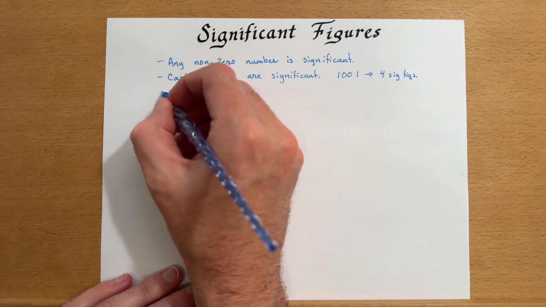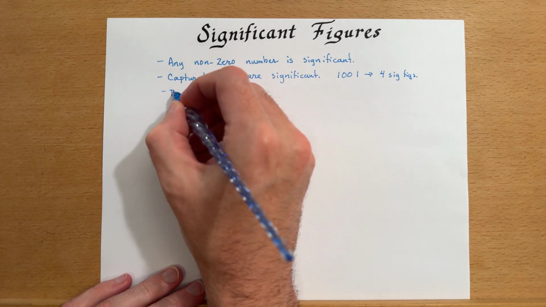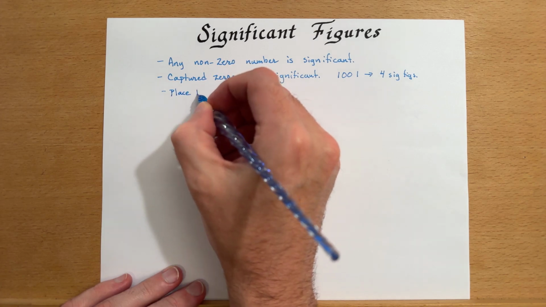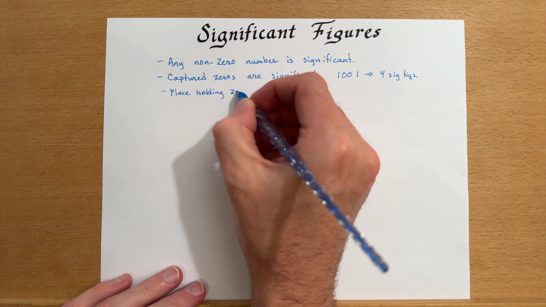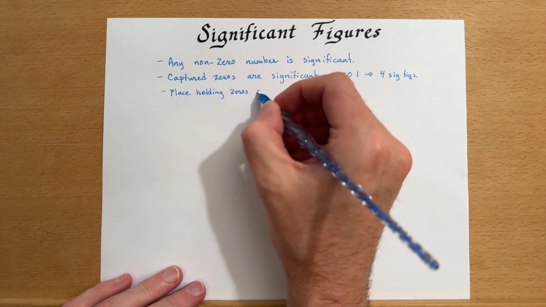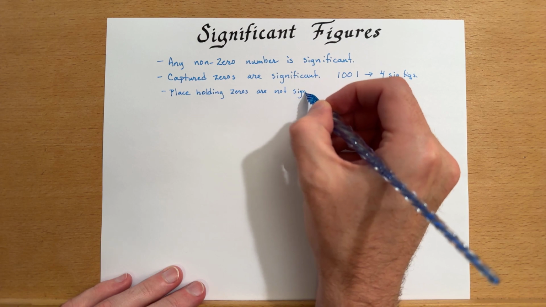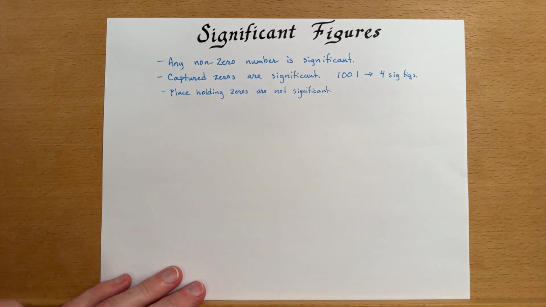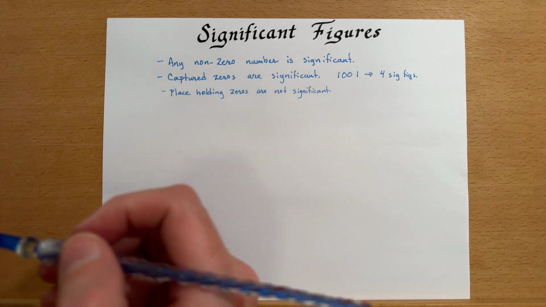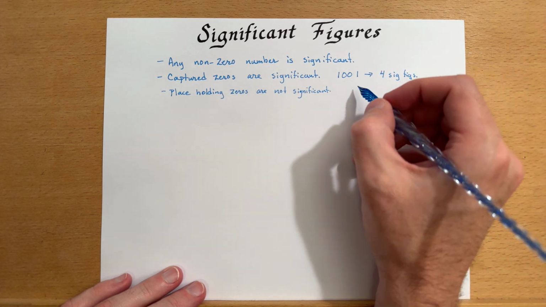Placeholding zeros are not significant. What is a placeholding zero? Well, there are 2 different ways that a zero could hold a place.